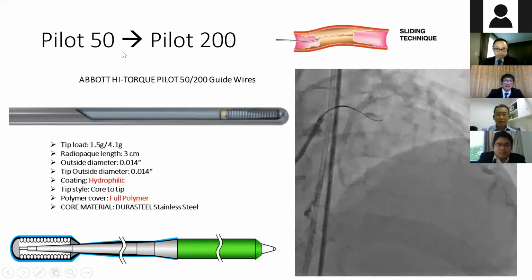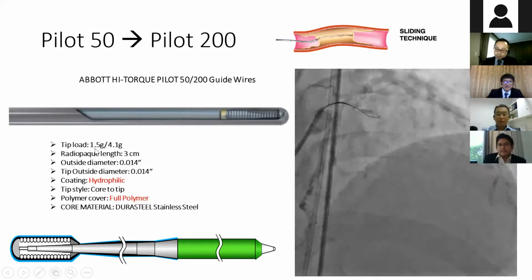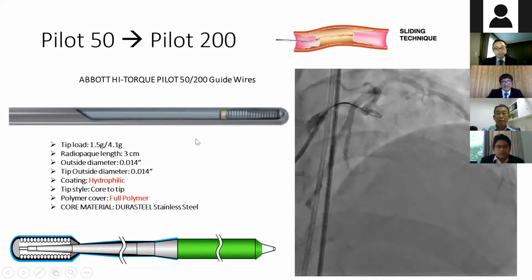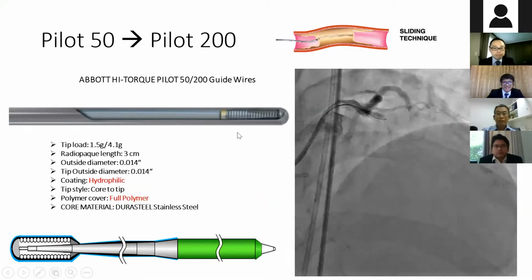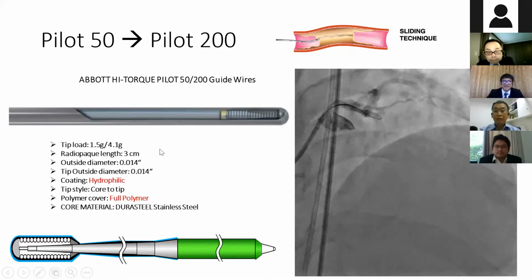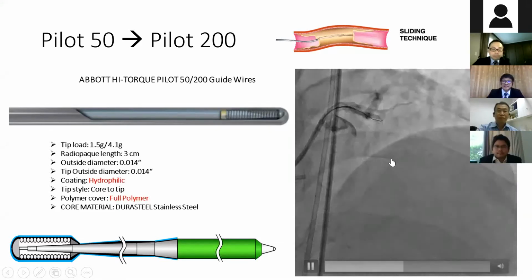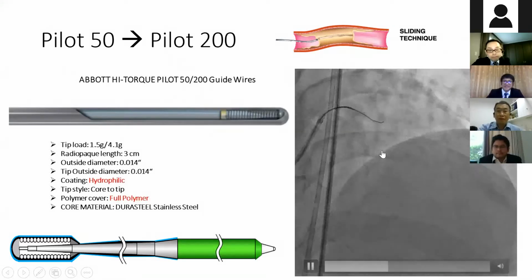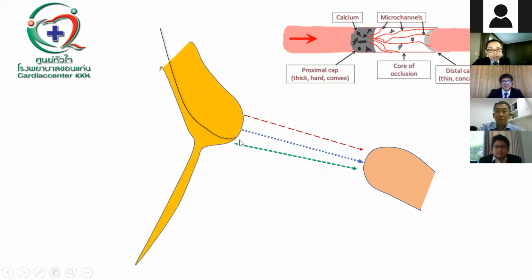I started with Pilot 50 with 1.5 gram force, but it failed, and then stepped up to the Pilot 200 with 4 gram force, the intermediate wire. However, it failed again when I tried to puncture the proximal cap. Usually the anatomy of the proximal cap is thick and hard, and usually convex with calcium.